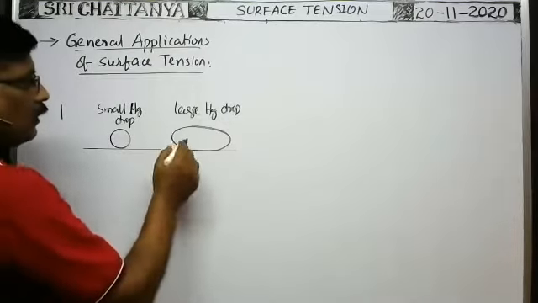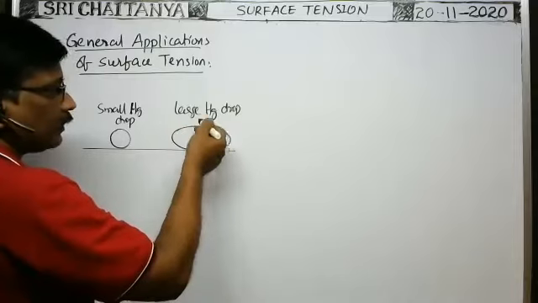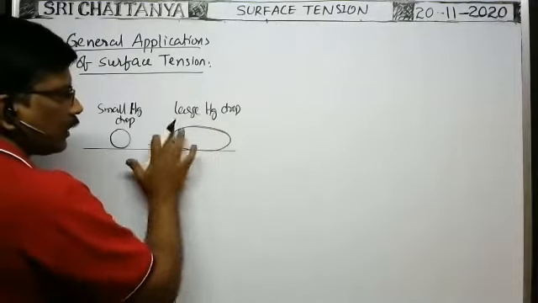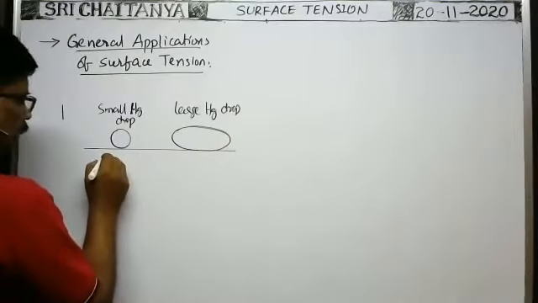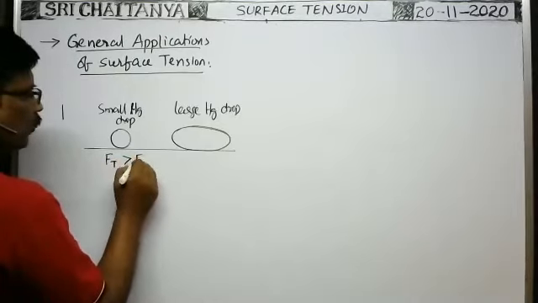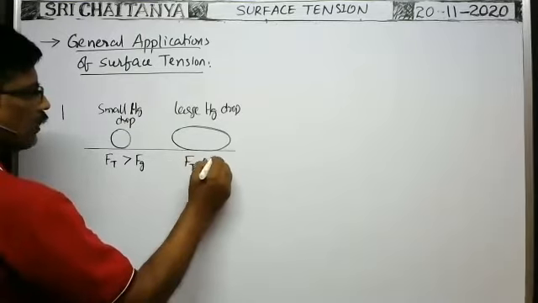Here the gravitational force acting on the large liquid drop dominates the force due to surface tension. In that case, the liquid shape is like this. Here, force due to surface tension is greater than force due to gravity; there, force due to surface tension is less than force due to gravity.